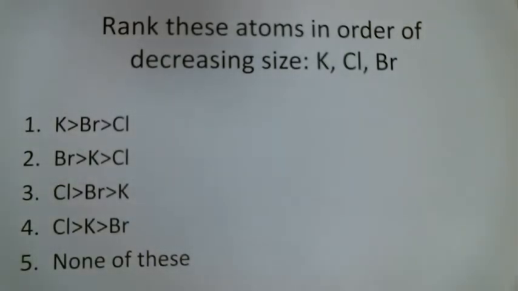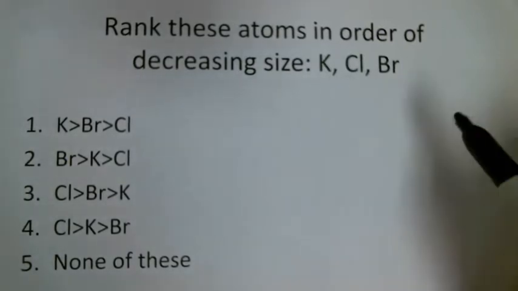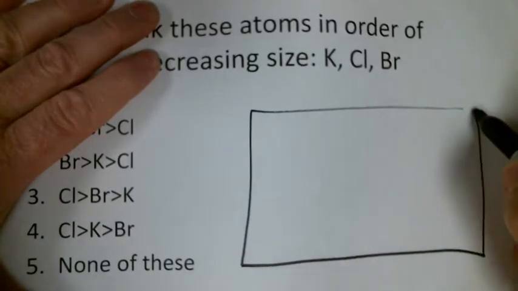But the homework went really well, so I'm assuming the class knows how to do this. But if you were one that was in a hurry and just wanted to get the homework points and just clicked until you got them, make sure that you go back and understand how you could get those. All right, so rank these atoms in order of decreasing size. Potassium, chlorine. So I've got my periodic table here.